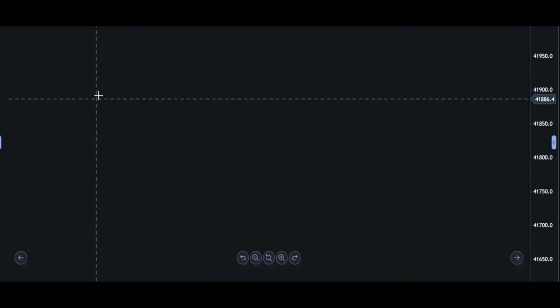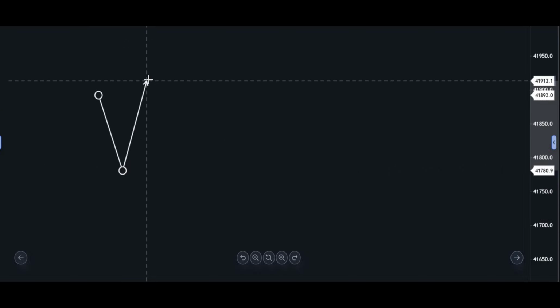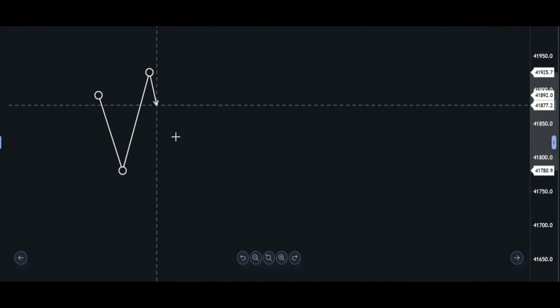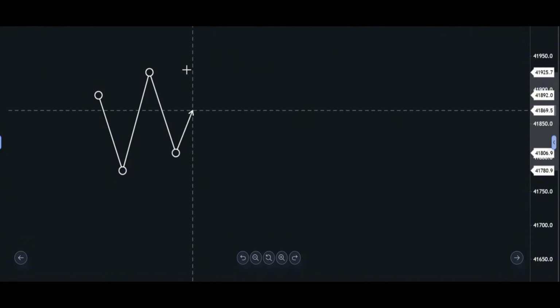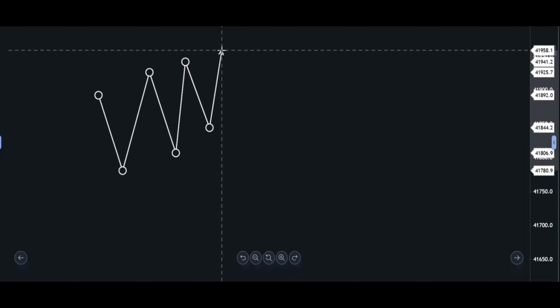Now, when you're talking of supply, this is what we call supply. Sale, as I said earlier, this is supply, this is demand. Supply, the sell power. Demand, the buy power. Supply, demand, supply, demand.